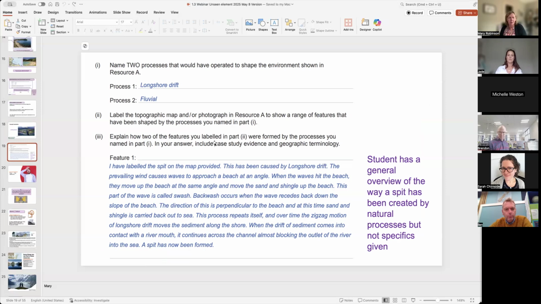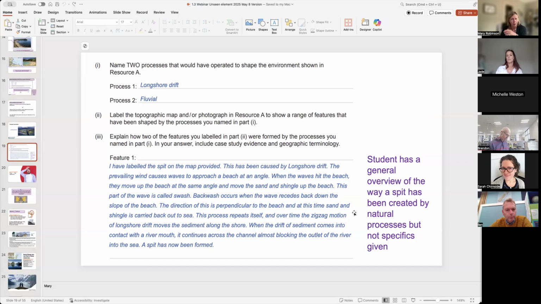I've labelled the spit on the map provided. This has been caused by longshore drift, the prevailing wind, and so on. Causes waves to approach the beach at an angle. When the waves hit the beach, they move at the same angle. So this is showing that sequence of events that happens to form a spit.